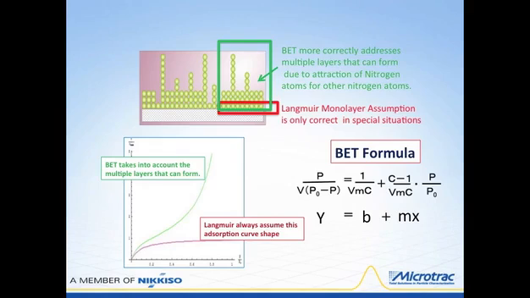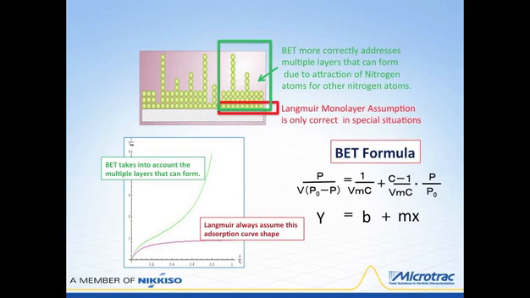I mentioned a moment ago the single layer of molecules forming on the surface. Keep in mind that throughout this process, gas molecules can arrive at the surface and then leave the surface spontaneously.